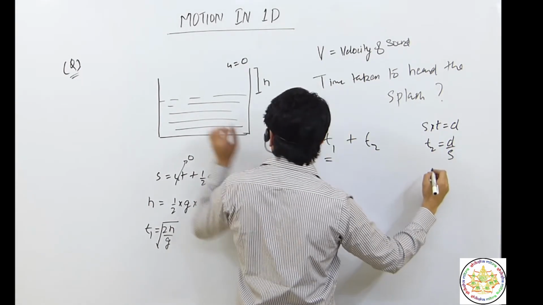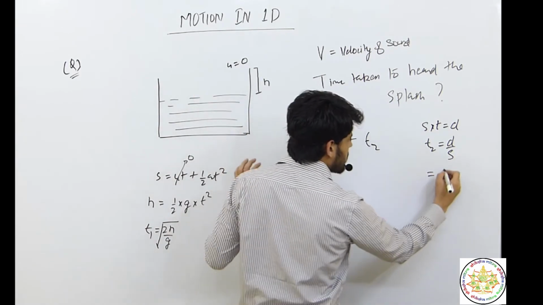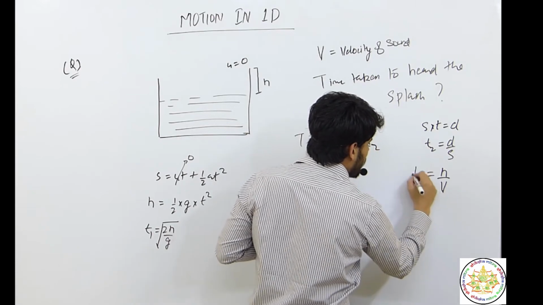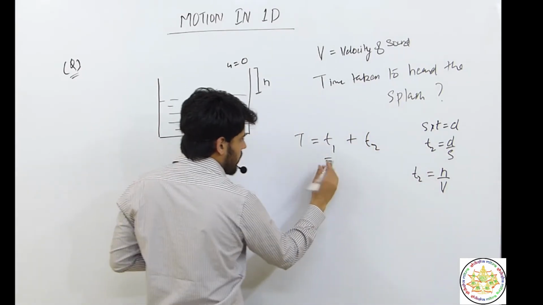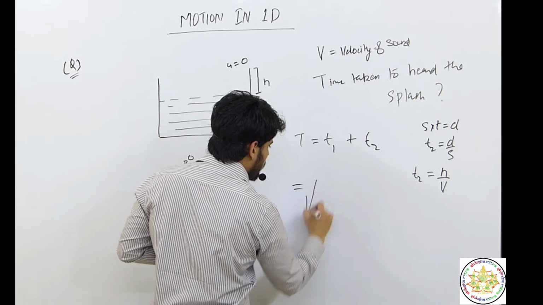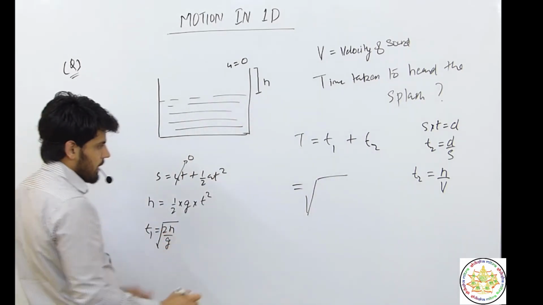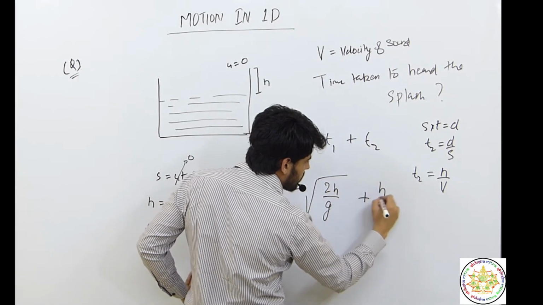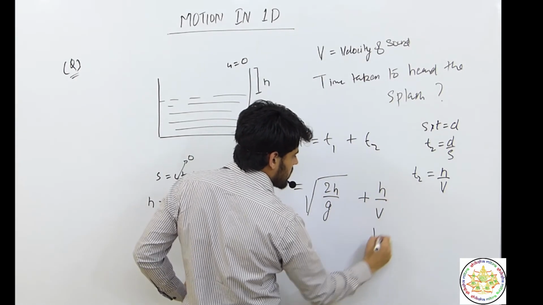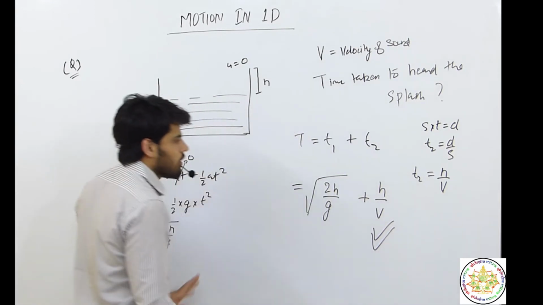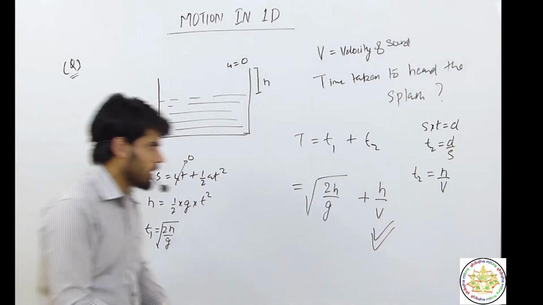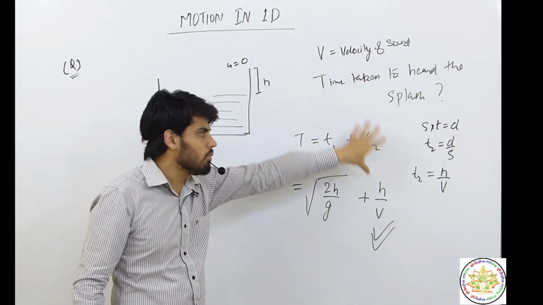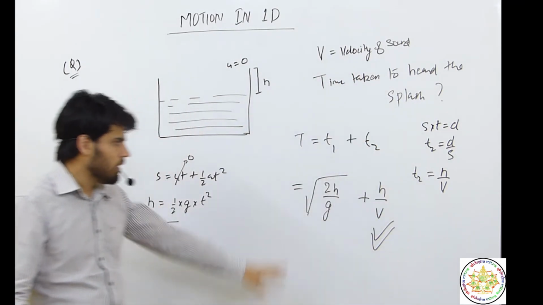Distance taken by this vibrational sound is h and speed of the sound is given as v. So t2 is h by v. So total time is taken as under root 2h by g plus h by v. So this is the correct answer. The only key aspect in this question is that you have to consider the speed of sound as a normal linear motion, that h by v we have to put here.